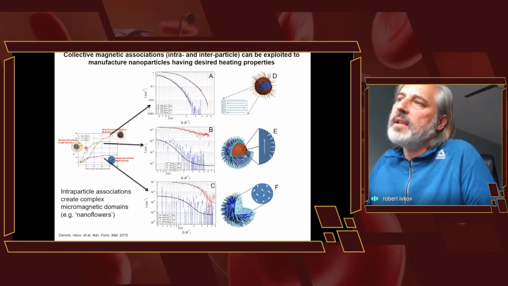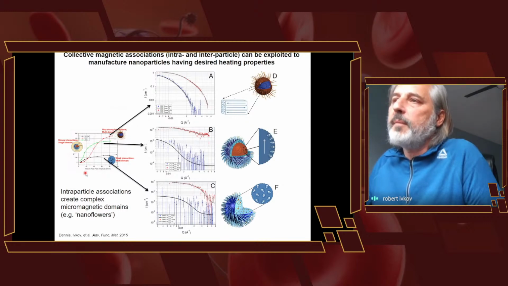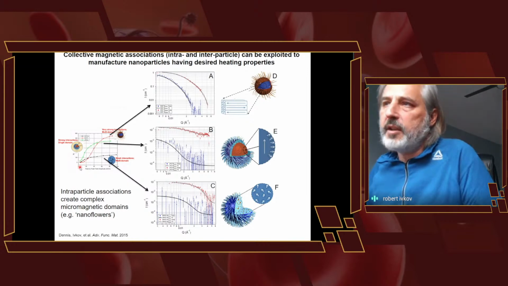The one thing I want to emphasize here, and unfortunately this might be a small figure, is this number, kiloamps per meter: 20, at the frequencies we're using, is probably about the limit that you can go for treating humans.